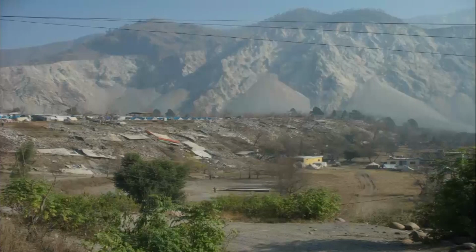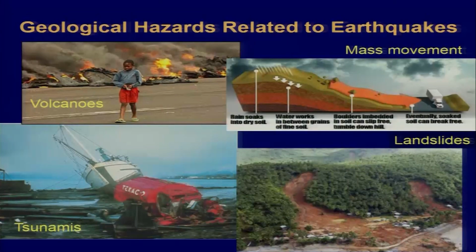So, the geological hazards related to earthquakes, in total, we can have a number of them. Even if you are sitting close to the fault line, close to the plate boundary, or you are sitting away from the plate boundary.